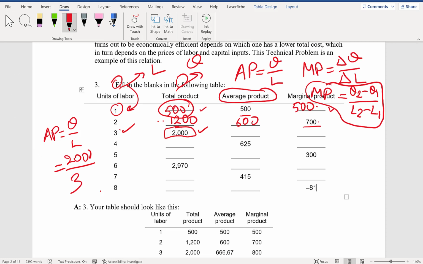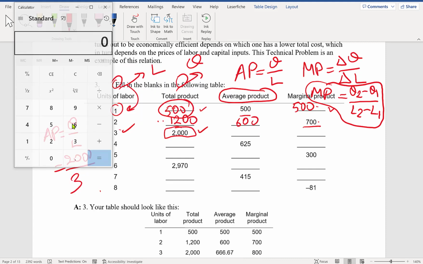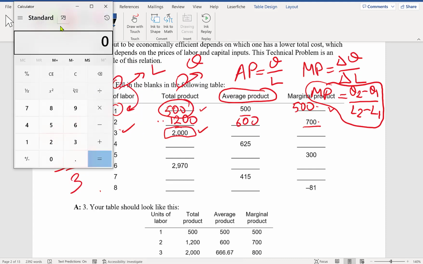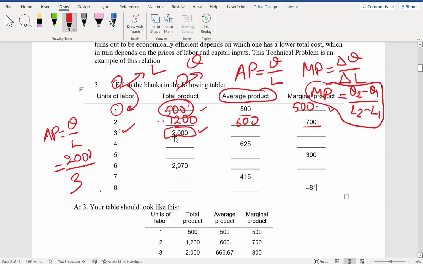So I'm going to pull up the calculator. It's going to be 2000 divided by 3 workers, 666.6. So here you have 666.7.